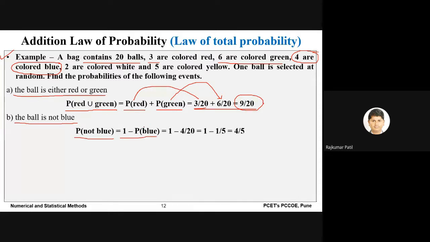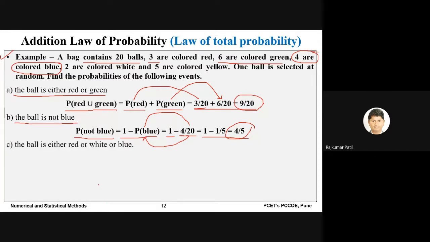Probability of getting blue is 4 by 20 because there are 4 blue balls and the total number of balls is 20. If we deduct that from 1, we will get the probability that the ball is not blue, and the answer is 4 by 5.